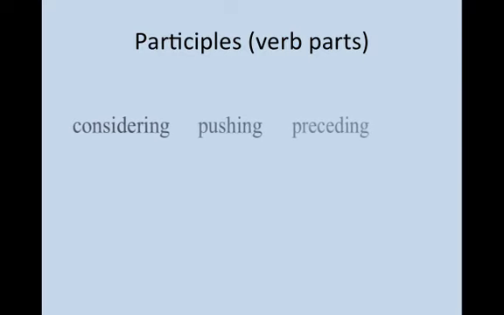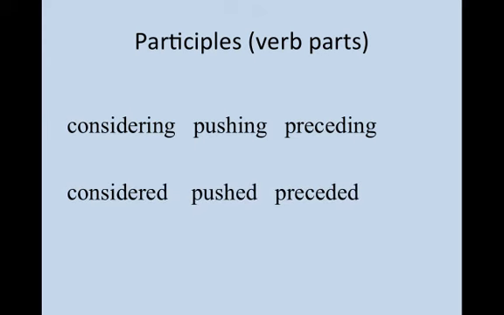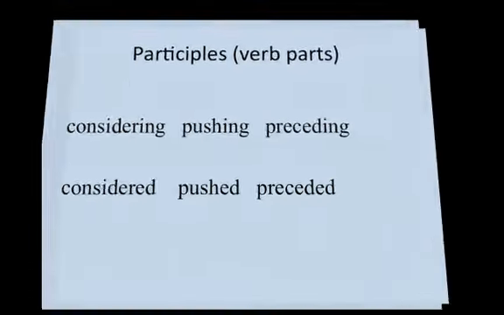Participles are verb parts that either end in ing or end in ed. I'm not going to go into the grammar here in a big way other than to point them out. Prepositional and participial phrases bury the subject deeper into the sentence, and we need to dig out the subject so we can make everything agree.